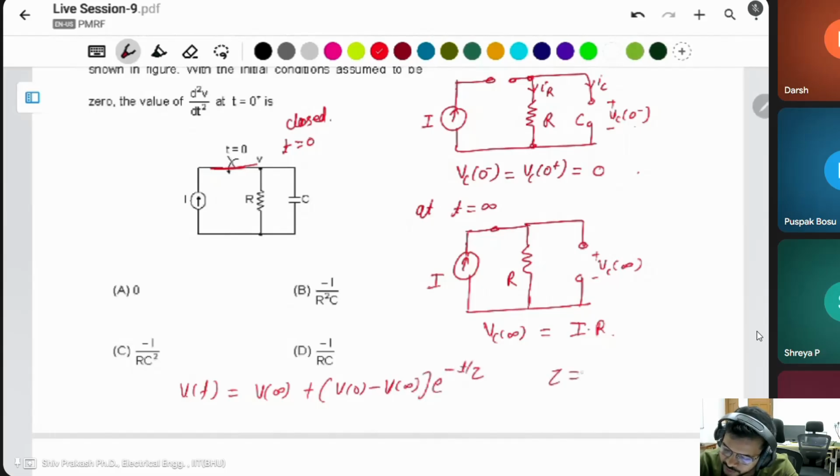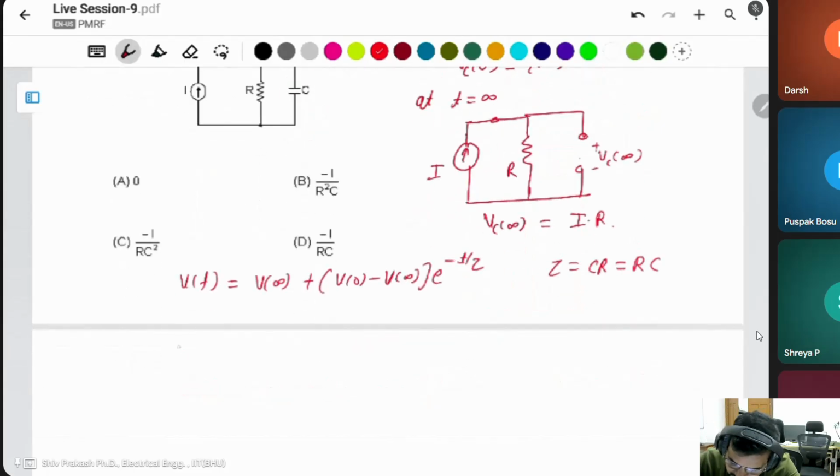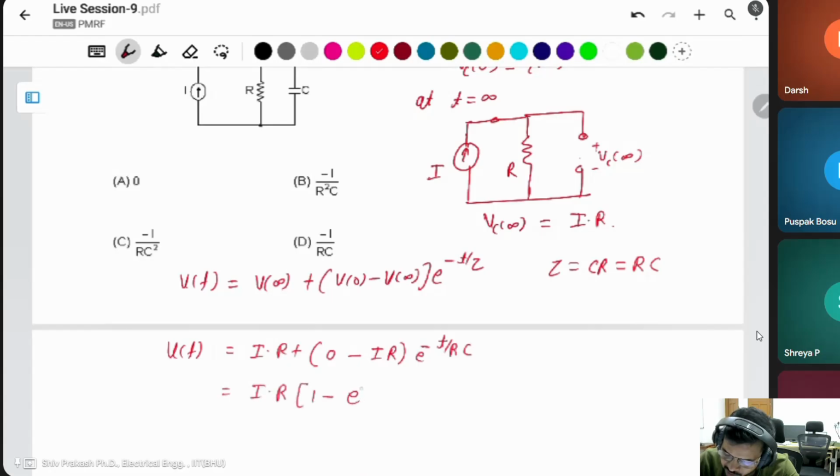What is tau here? Capacitor C, resistor R, so tau is RC. Then what is V(t)? In this case, V infinity is I into R plus V0 is 0 minus I into R, e to the power of minus t by RC. You can take a common I into R. This will be 1 minus e to the power of minus t by RC.